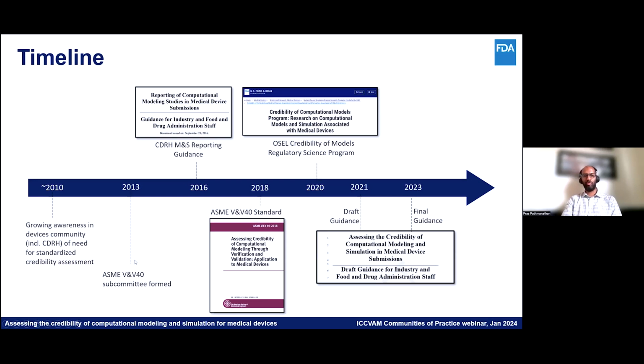That led to the formation of something called the ICCVAM 40 Committee, American Society of Mechanical Engineers Verification and Validation Committee, which eventually led to the development of this standard, which I'll talk about in following slides. Within my center, CDRH, the Devices Center, we released a guidance document on the reporting and modeling in simulation. And then in recent years, we formalized a research program about credibility of models, and then released this guidance, first in draft form, and then in final form in 2023.